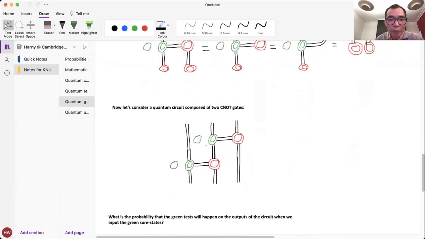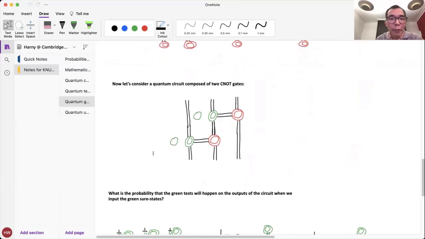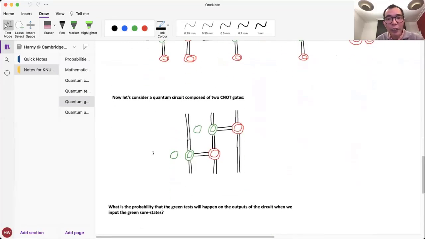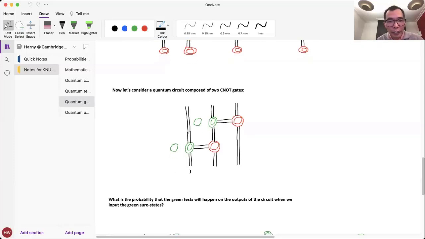And finally, that's a quantum gate, right? A simple quantum gate. It's a C naught gate. So if we now consider a quantum circuit which is composed of quantum gates, let's consider a very simple quantum circuit which is composed of two C naught gates.